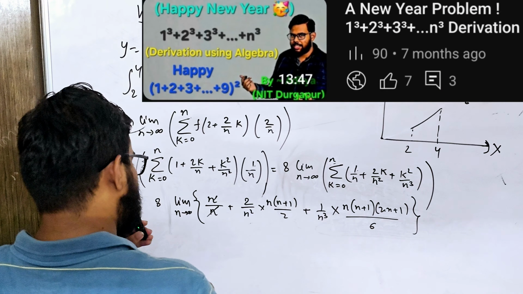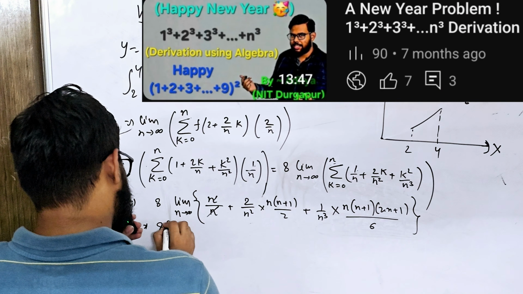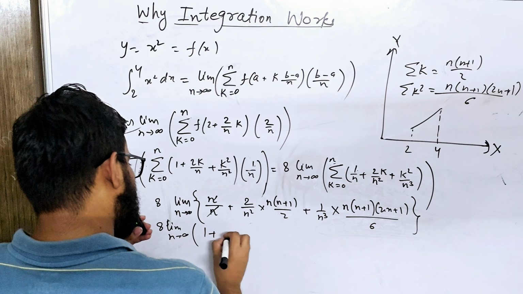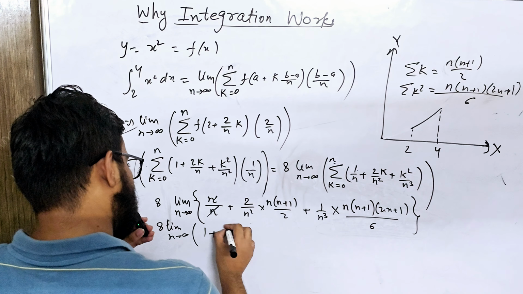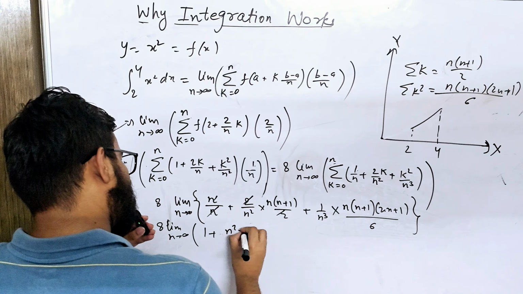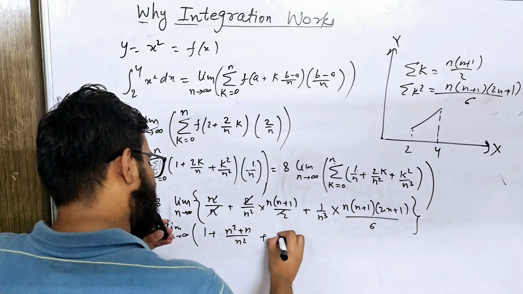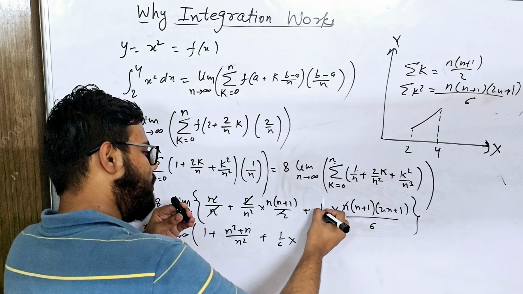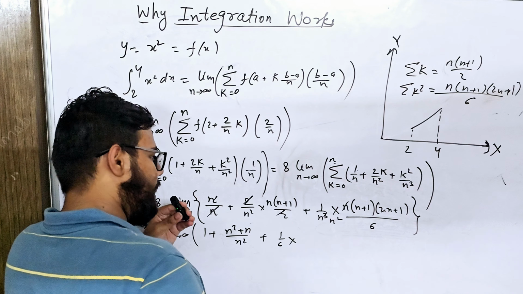Now let's evaluate this. This will get cancelled, and you will be left with 8 times the limit as n tends towards infinity of 1 plus, this is 2 and the 2 gets cancelled, so you'll be left with (n squared plus n)/n squared, plus 1/6 into this, and this will get cancelled, so you'll be left with n squared.